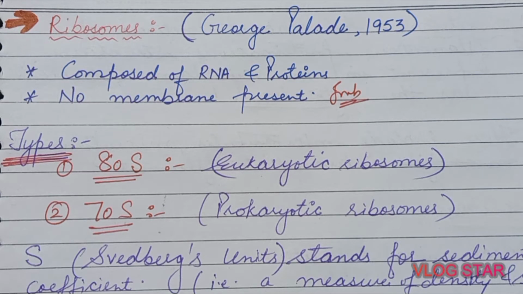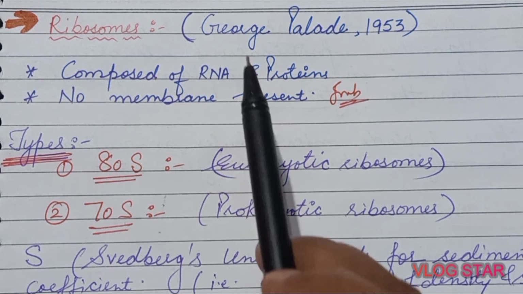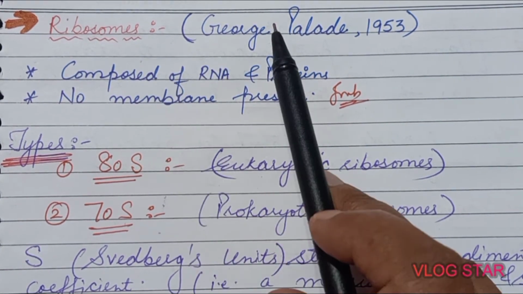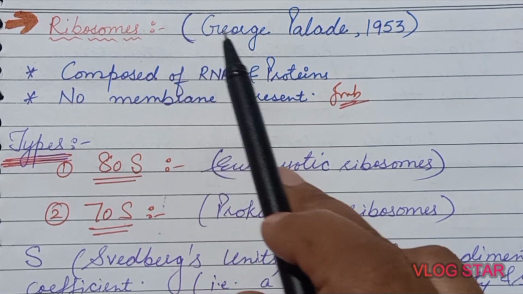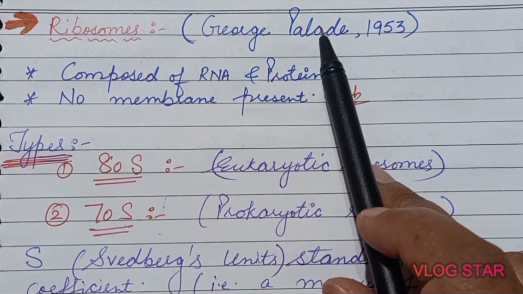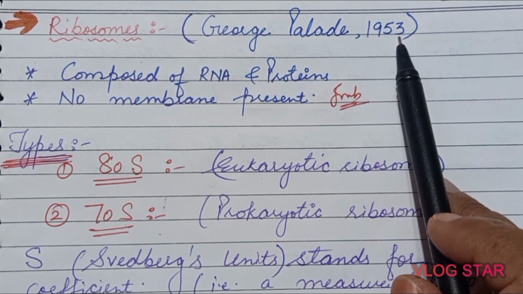As we are doing chapter 5 and discussing the cell organelles, now it's the turn of ribosomes. Ribosomes were first observed by George Palade in 1953.